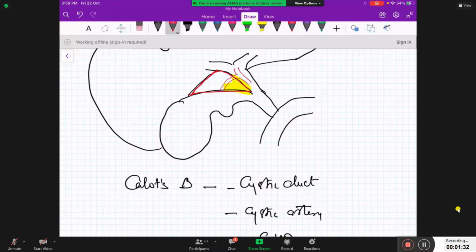One is a yellow triangle, another is the red triangle. And out of these two triangles, one of them is a Calot's triangle. Which of them is a Calot's triangle?